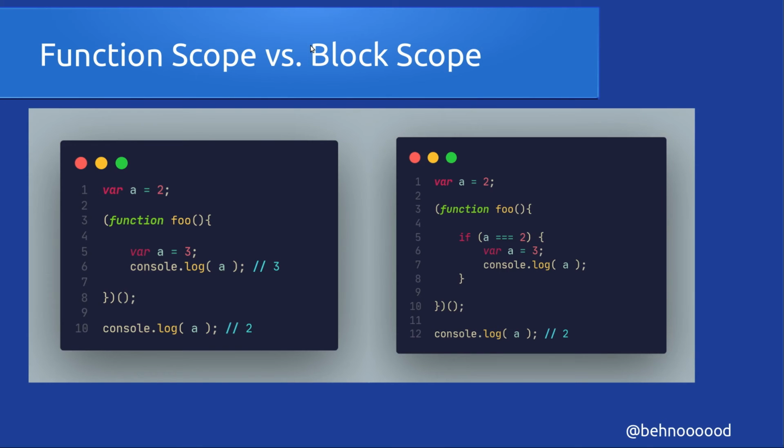So what about the other example? You see the if statement with the same variable declaration is added to the function's body. If you run this code, the result will be only 2. The question is why?